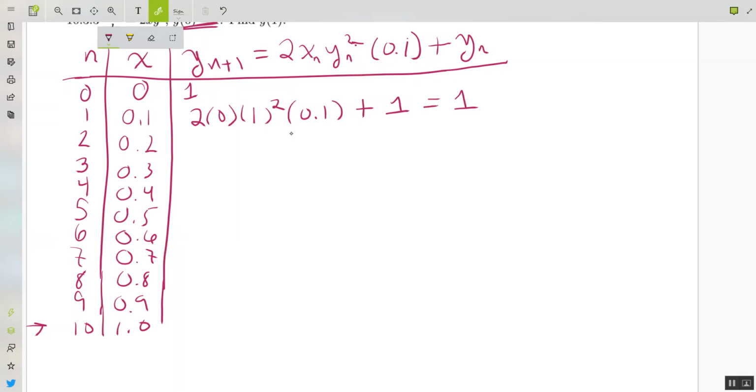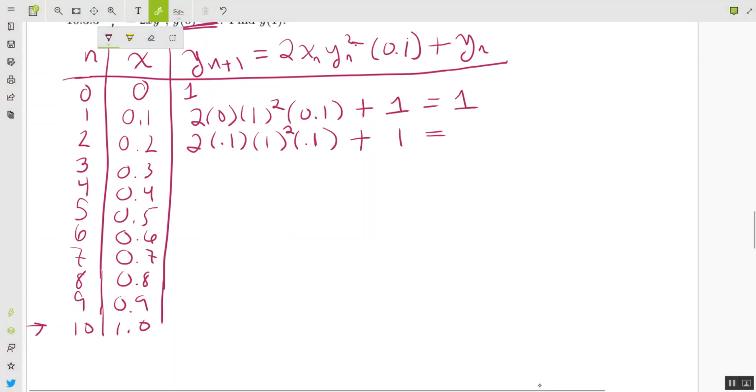So our next stage will have 0.1 as our x value this time, our y value will be 1 again, times 0.1. Oh, I forgot to square, gotta be careful, but 1 squared is 1, so you know how I am. I don't like to write ones if I don't have to and square things that aren't needed. All right, so for this one, we're going to get 1.01.